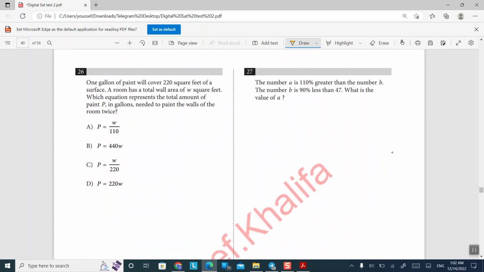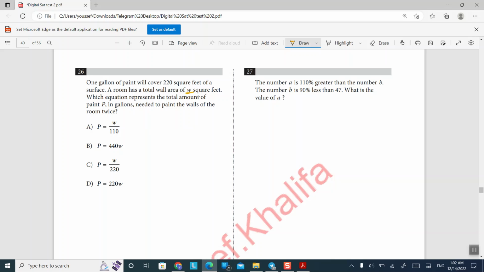The last two questions in the module. Question 26 says that 1 gallon of paint will cover 220 square feet. A room has a total wall area of W square feet.